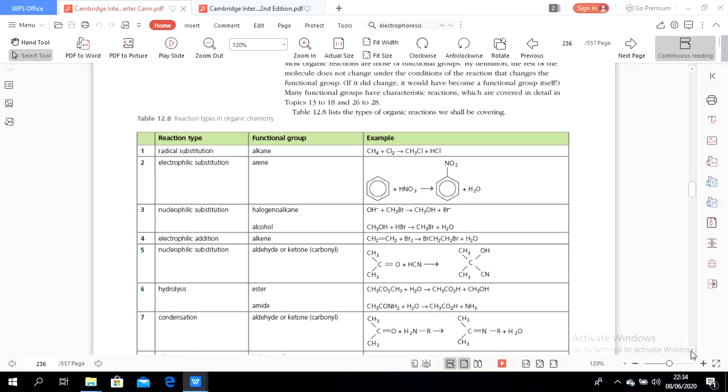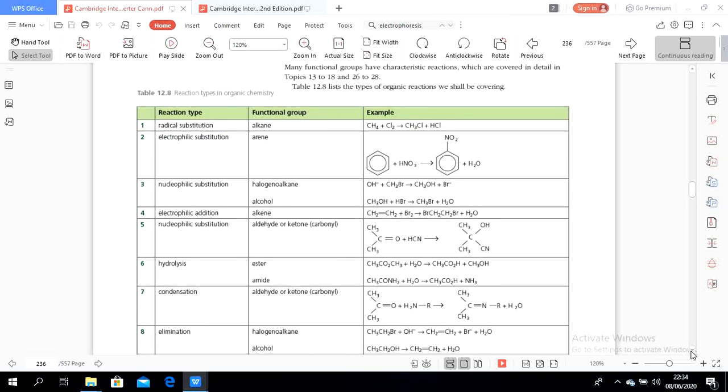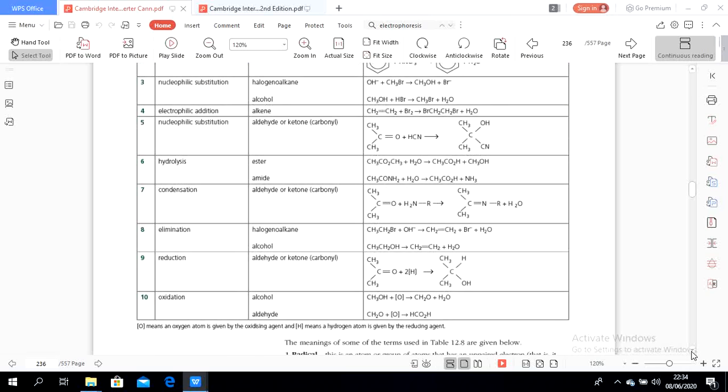And there is nucleophilic substitution, electrophilic addition, nucleophilic addition, and then hydrolysis, condensation, elimination, reduction, and oxidation. So we are going to study all these types of reactions in AS level.